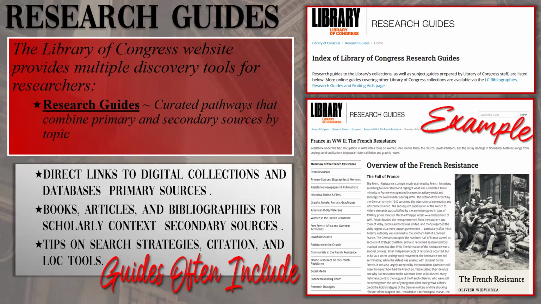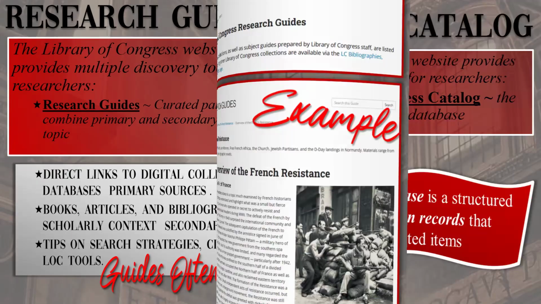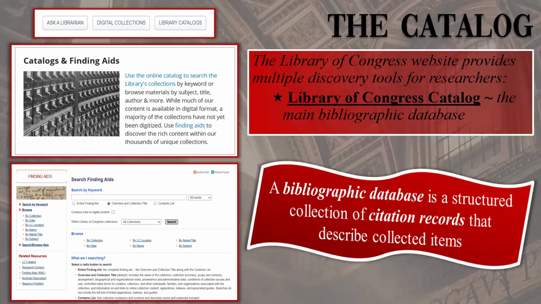Using a research guide, these are curated like a finding aid to help you in the right direction to find primary and secondary sources for a topic. You can locate them through the catalog, but you can also find it through a URL, which I have linked later. The Library of Congress is a bibliographic database, which has citation records.